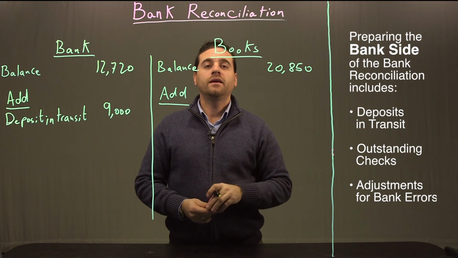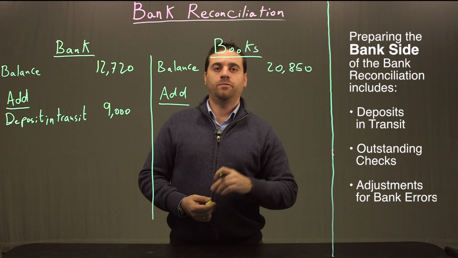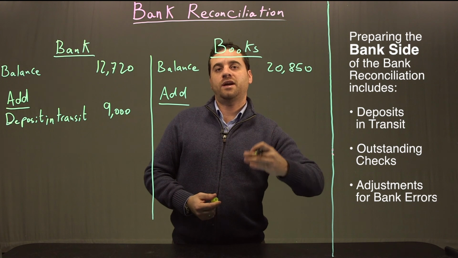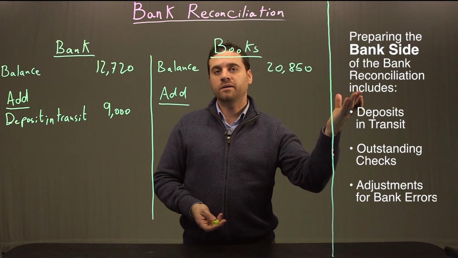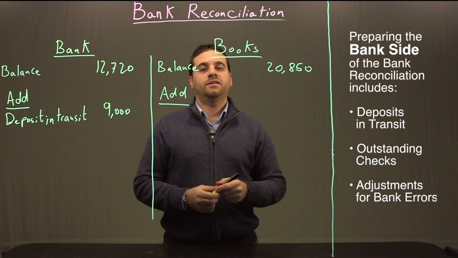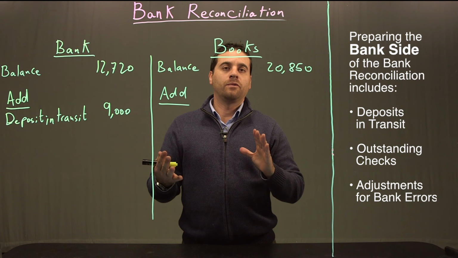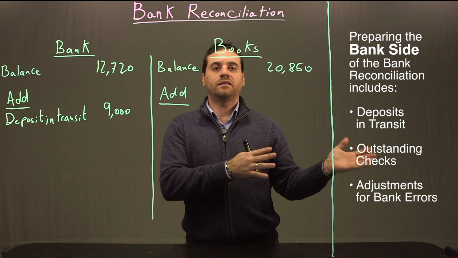That's the first example. The second example, which also requires us to reconcile the bank side, is the outstanding checks. The outstanding checks means that this time we gave a check to a supplier, maybe, or maybe we gave cash back to a customer through a check, and it's just the opposite of the deposit in transit. We gave them the check, but they did not clear the check yet.